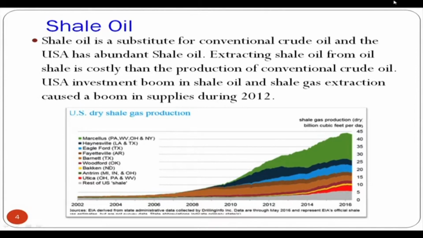Now, as mentioned in this slide, shale oil is a substitute for conventional crude oil, and USA has abundant shale oil. Extracting shale oil from oil shale is costlier than the production of conventional crude oil. However, in recent years, a lot of investment has come into the extraction of shale oil and shale gas, which has caused a boom in the supplies during 2012.